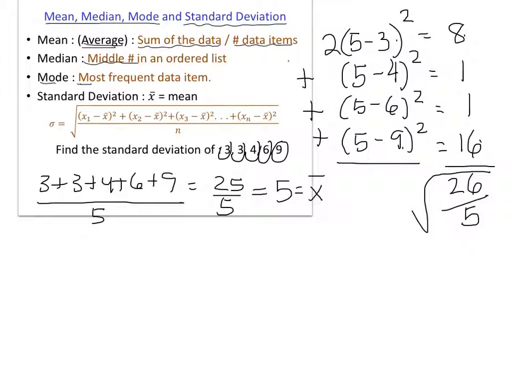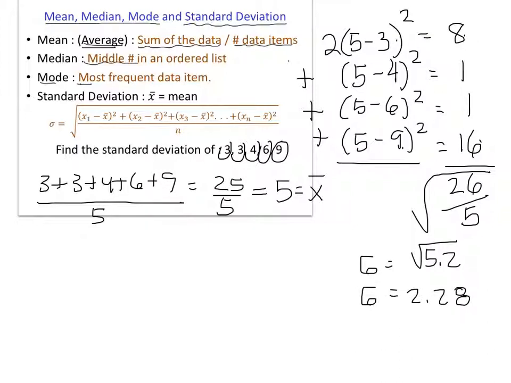And then we're going to take the square root of that. So that undoes the squaring that we did. So we have 26 divided by 5, which is 5.2. And the square root of 5.2 is going to give me 2.28. So turns out that sigma is going to be 2.28.